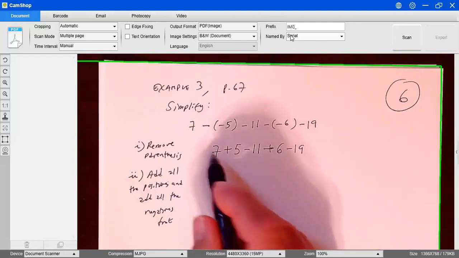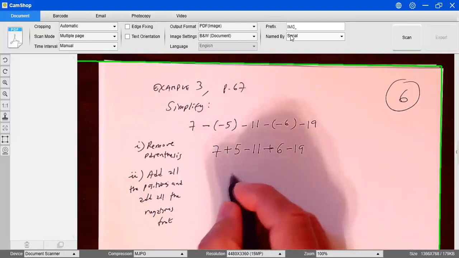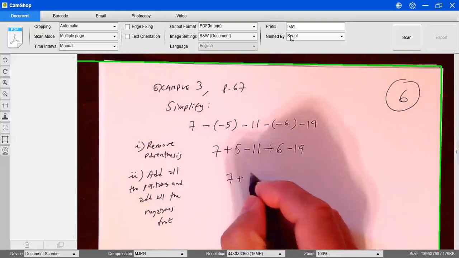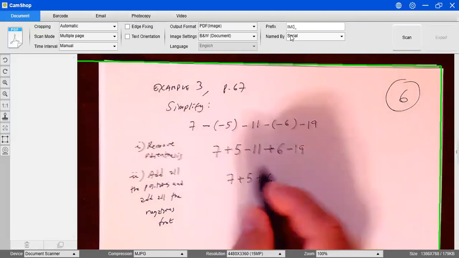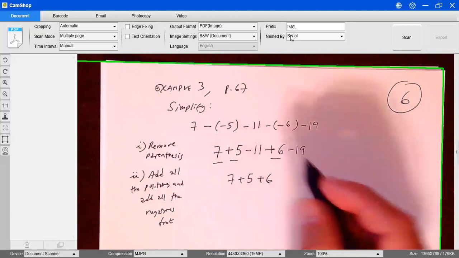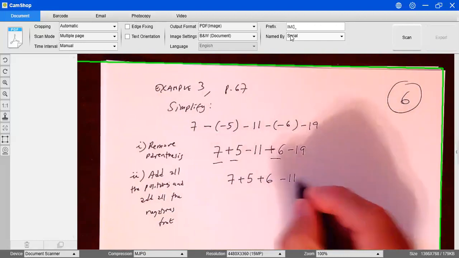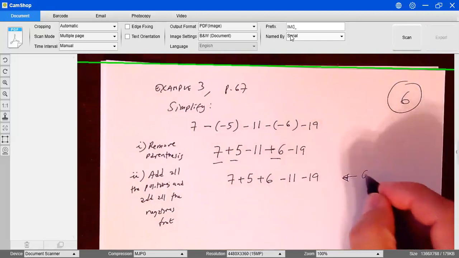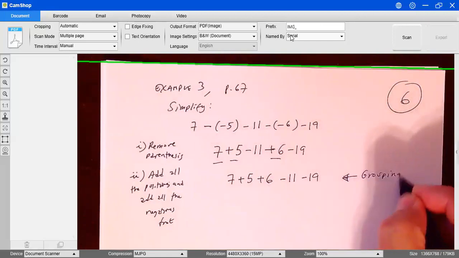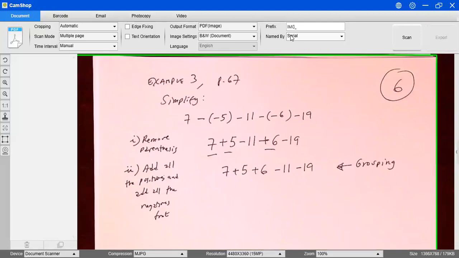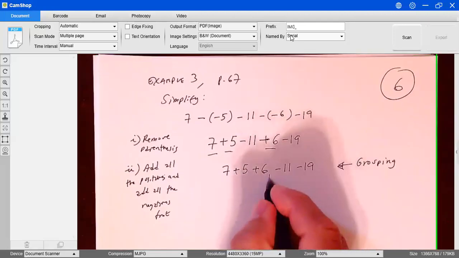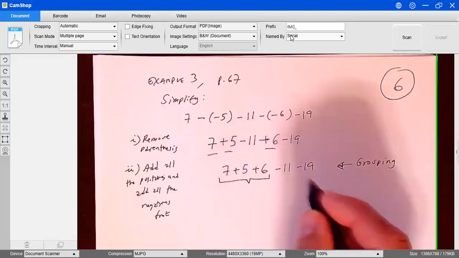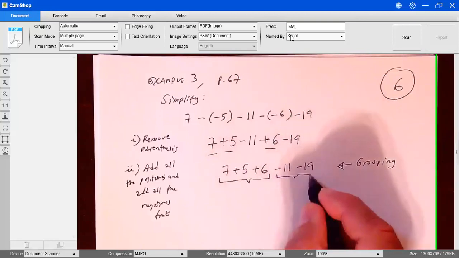This is positive, positive, and positive, so we have 7 plus 5 plus 6. These are the positive numbers. Then I have negative 11, negative 19. We are just grouping positives with positives, negatives with negatives. Now we're going to do the addition of all positives and the addition of all negatives.